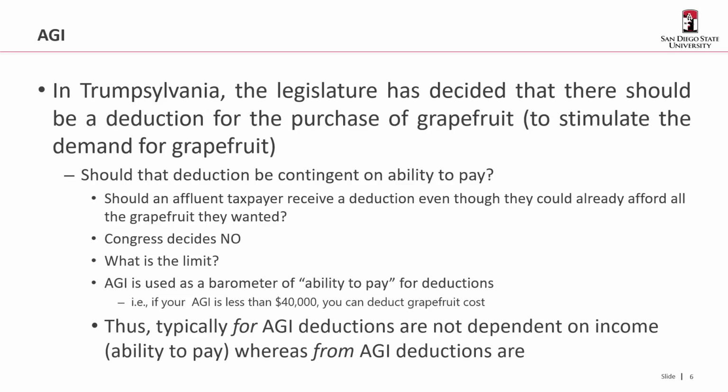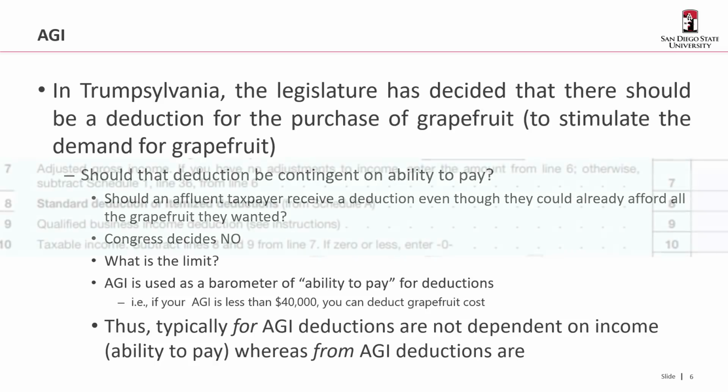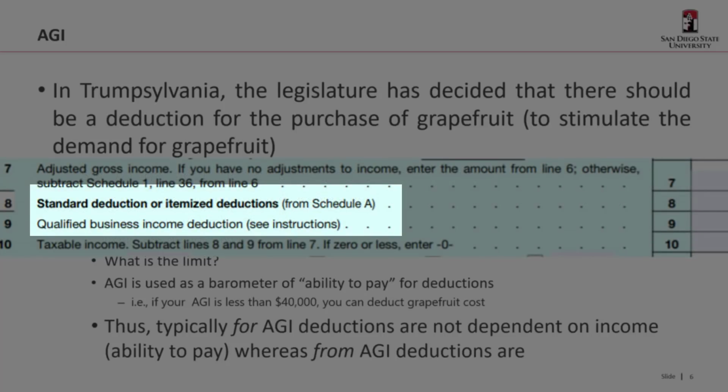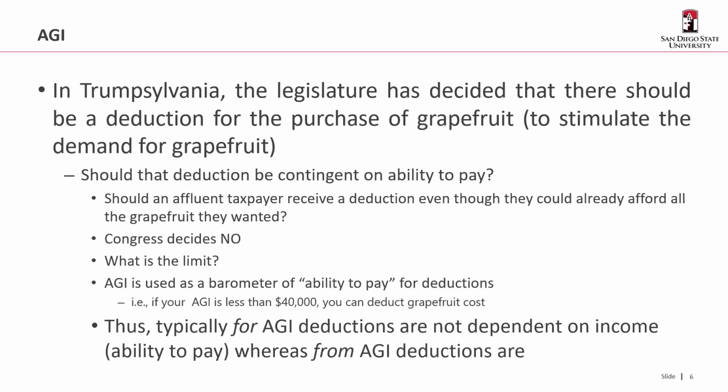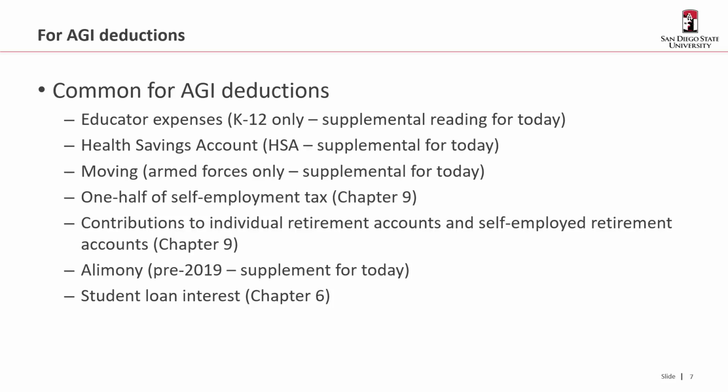So typically, this is not 100% true, but typically for AGI deductions, those are deductions that come before the adjusted gross income subtotal, they're not dependent on income, right, which is a measure of ability to pay, whereas from AGI deductions, almost exclusively are based on the ability to pay, and therefore are based on some percent or some form of AGI. So what are some of the common for AGI deductions?